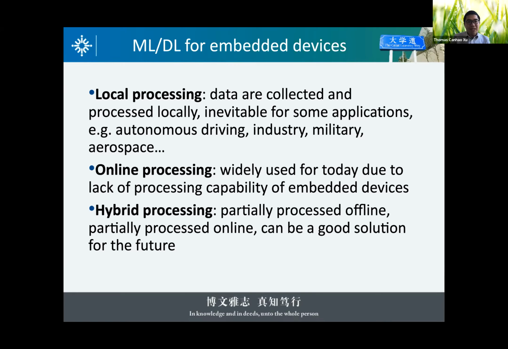Think about autonomous driving, like the Tesla cars. Of course, the data must be processed locally. We can't say that I'm uploading my pictures and videos to the cloud and waiting for some time for processing and then I have the results.